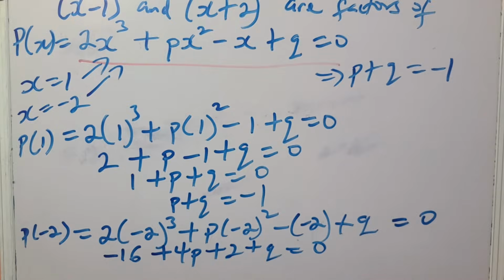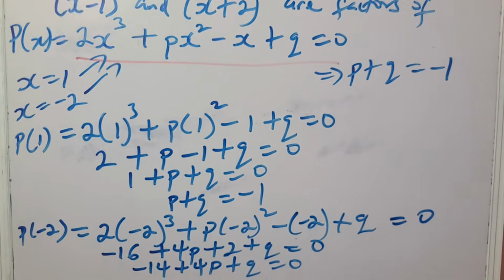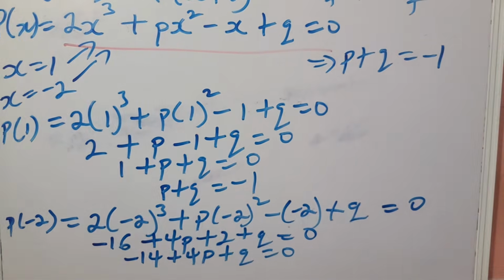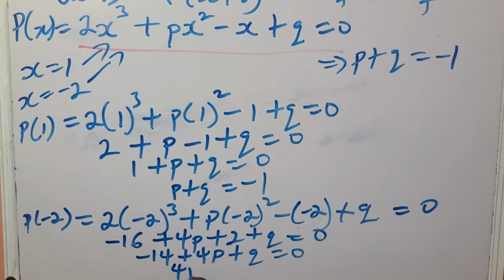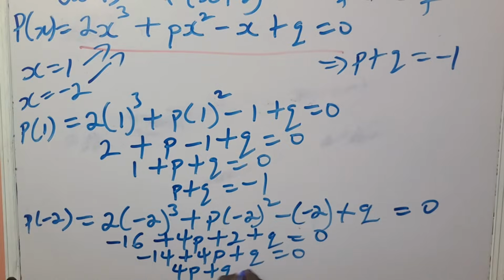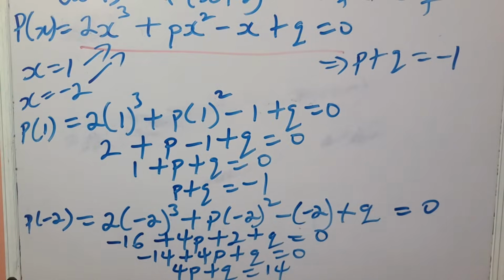All right. So we try to solve the constant. Minus 16 plus 2 will give me minus 14. And we have plus 4p plus q equals 0. All right. Now looking at this, you can see that I can group this as 4p plus q equals 14.